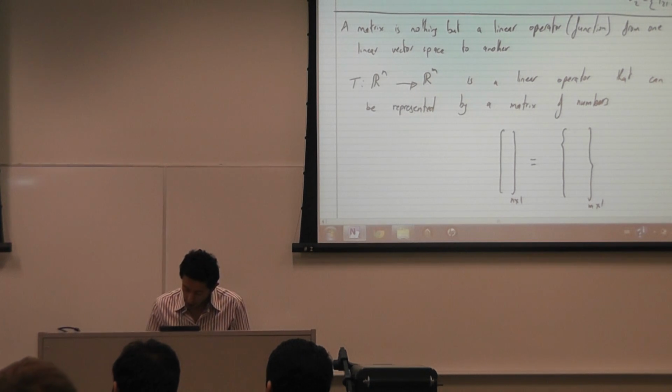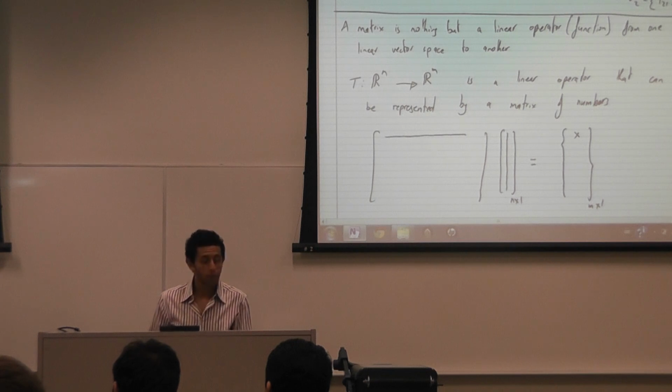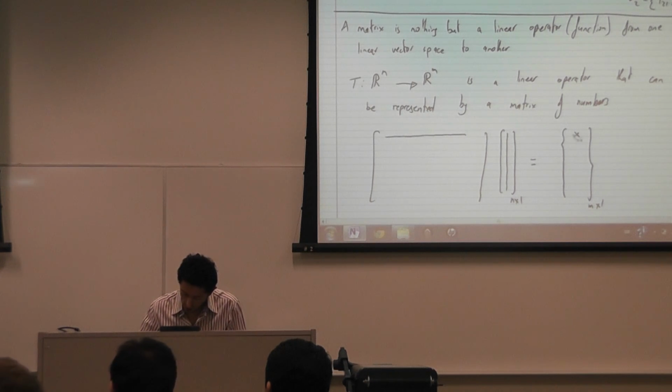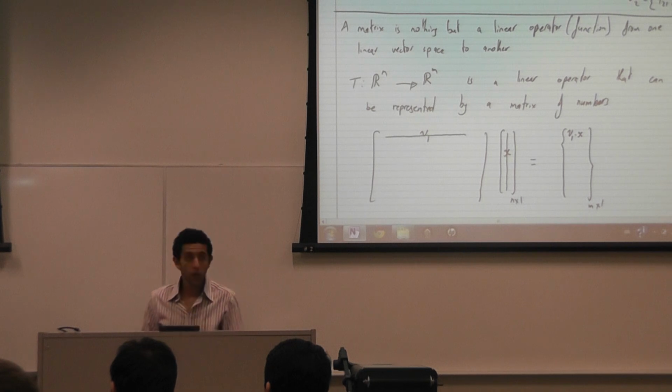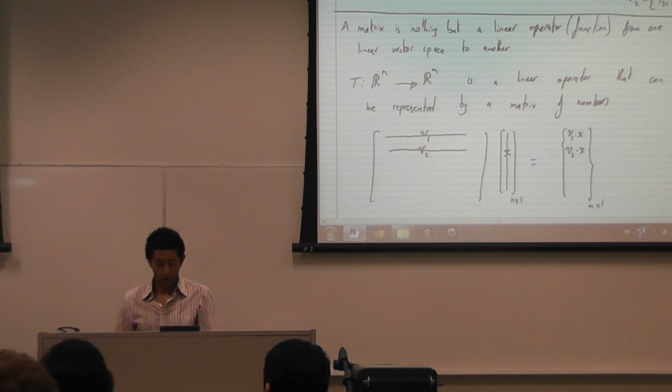The first component in the new vector is equal to the dot product between one vector and this. So this is equal to v1 dot x, where this is x and this is v1. The second component is equal to another vector dot x, which is the second vector.